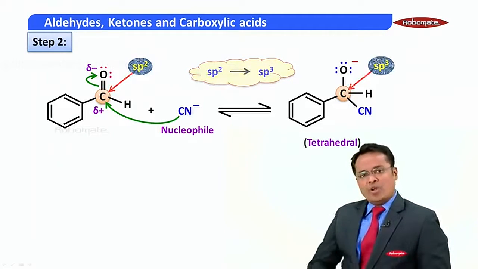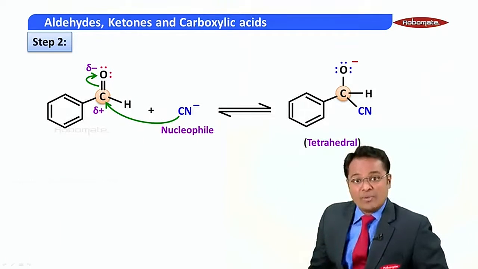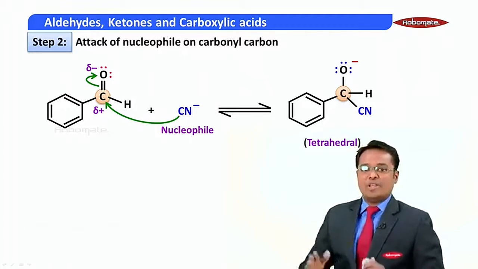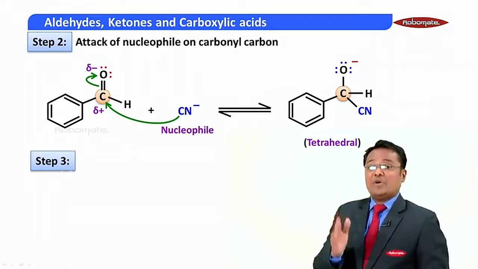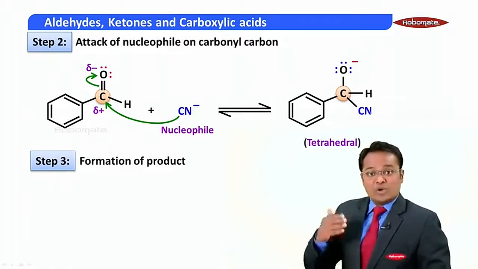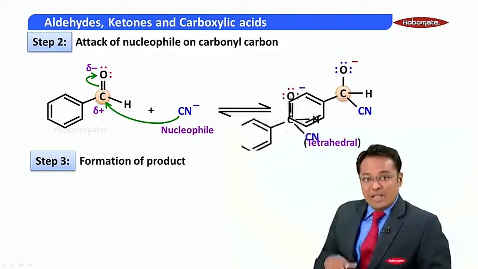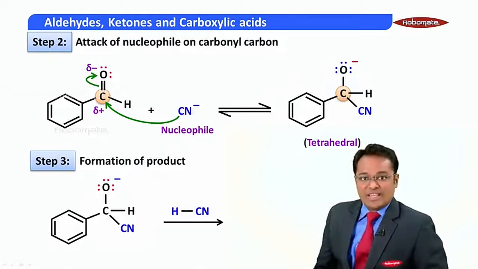Now what will be the name of the step, students? Is it nothing but the nucleophile attacking the carbonyl carbon? Yes, the attack of a nucleophile on the carbonyl carbon would be the name of it. Let's see finally the third step, where the formation of the product will take place. So what I'm doing is, I'm taking the product part of step 2, that intermediate, and I'm treating it with HCN because it is already there inside the solution.